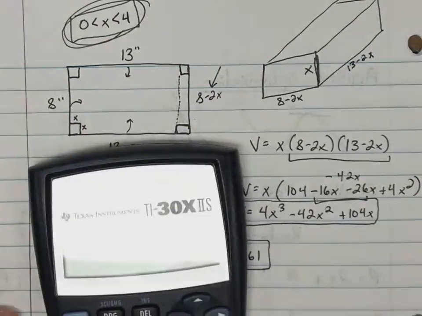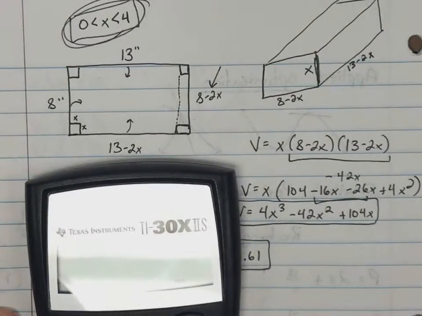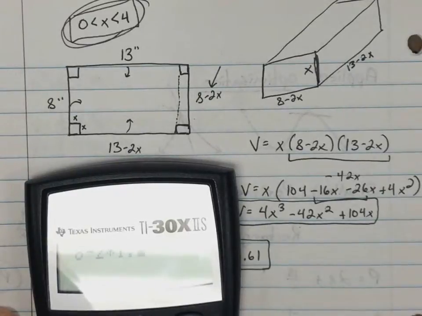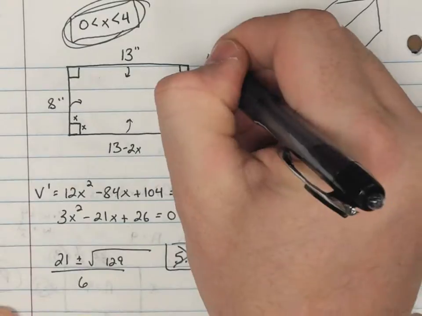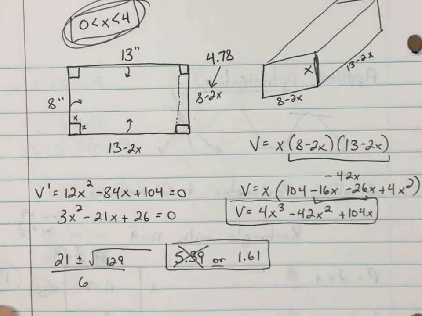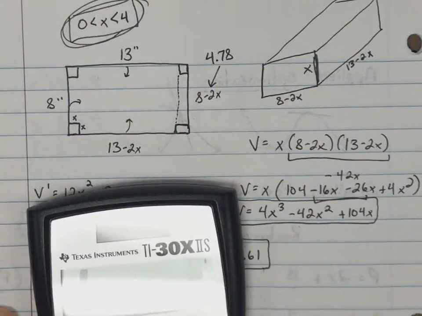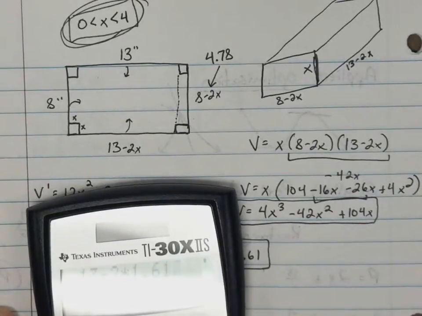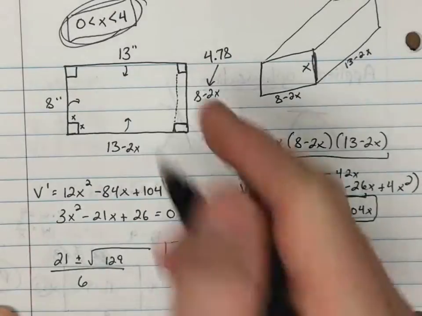So now when x is 1.61, I have 8 minus 2 times 1.61. That gives me 4.78. And then 13 minus 2 times 1.61, which gives me 9.78.